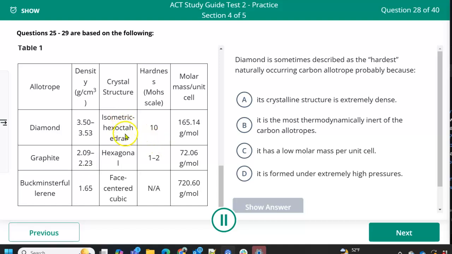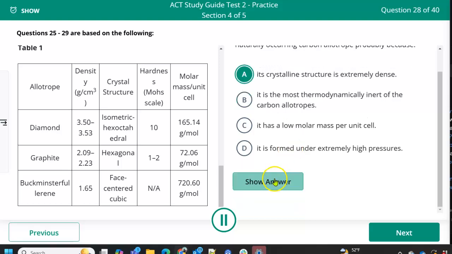Yeah, an isometric, okay, whatever. But the density, yeah, it does say that it is extremely dense. Okay. So we're down to A and B, and I don't see what being thermodynamically inert has to do with hardness. The crystalline structure being extremely dense would seem to be relevant. So I'm going to go with A.